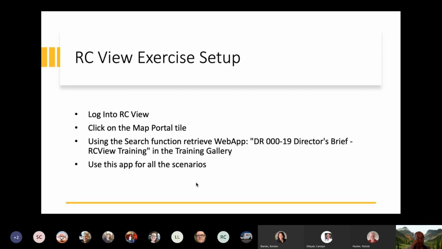So, if all of you could log into RCView, I know you're looking at this through a window within Teams, but if you could also open up a browser window off to the side, if you have enough space, to log into RCView.